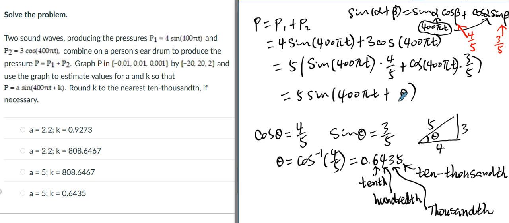Then the expression can be written as 5 times sine of the first angle, 400 pi t, plus the second angle, theta.